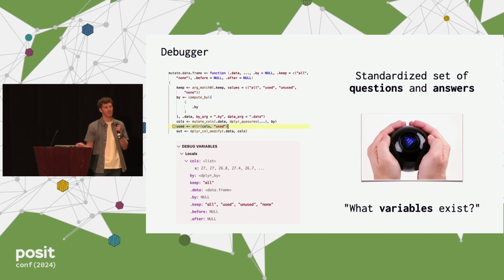Ark sends back a standard answer, and that populates this variables pane you see here. Now, with code execution, we use the Jupyter protocol. With code assistance, we use the language server protocol. With the debugger, we use a third called the debug adapter protocol. Now, I have one demo of the debugger that I'd like to show because I think it's super cool. This is the most mind-blowing feature in my mind.